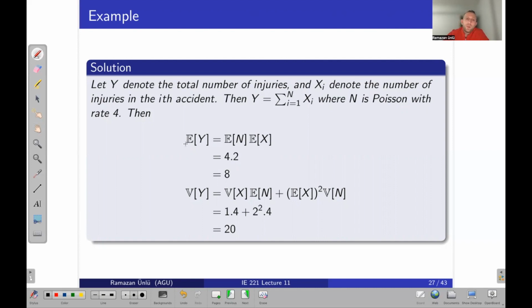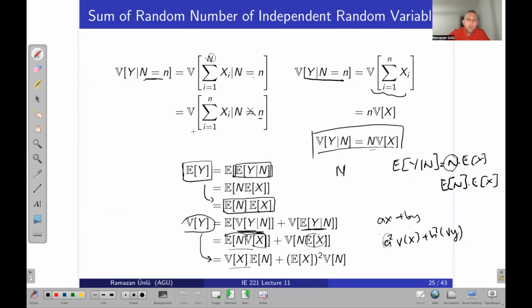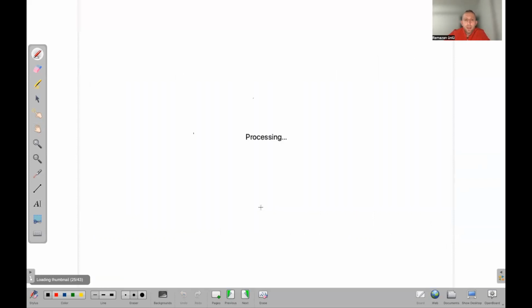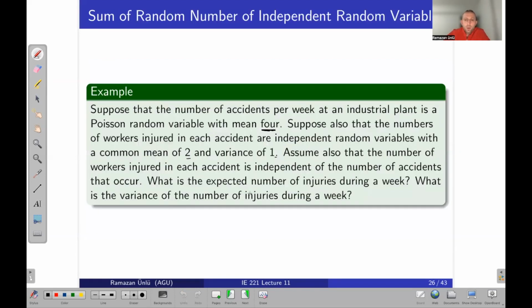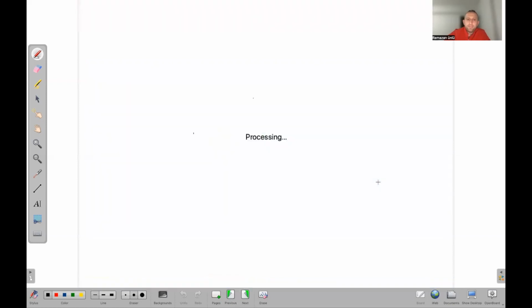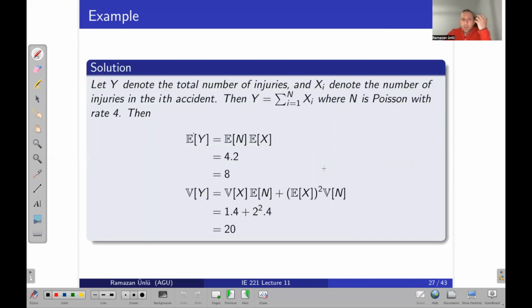What we found is that the expected value of Y is equal to the expected value of N times the expected value of X. And what was the question? What is the expected number of injuries during a week. So I just need to find the expected value of Y, because that denotes the total number of injuries.